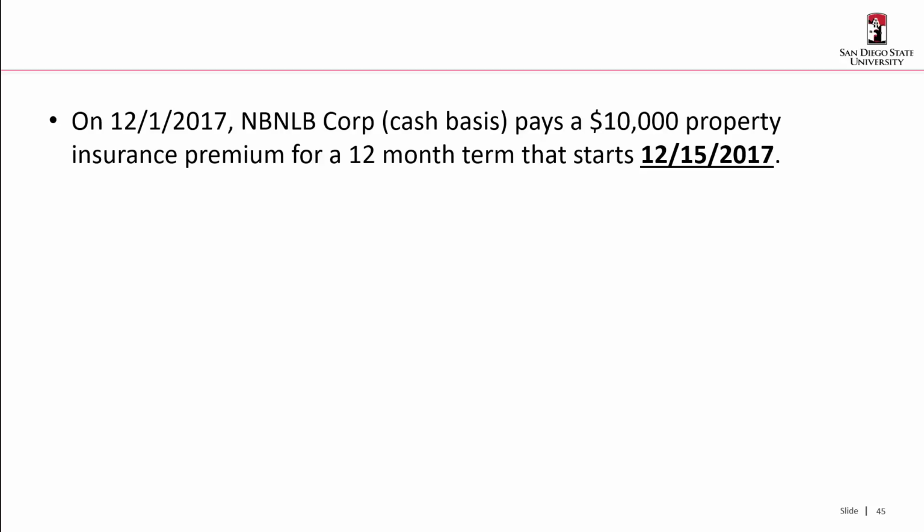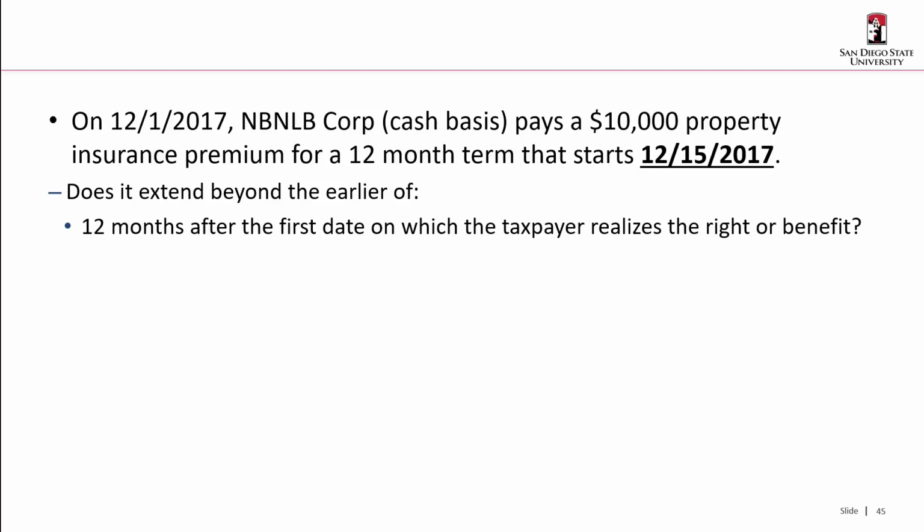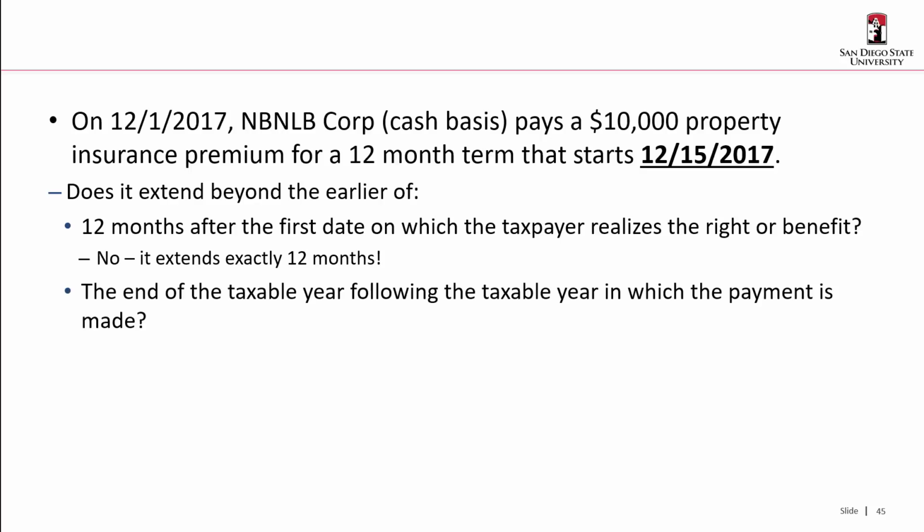All right. So December 1st, 2017, this corporation, which is cash basis, pays a $10,000 property insurance premium for a 12-month term that starts 12/15/2017. Okay, so that start date is important. So does it extend beyond the earlier of, number one, 12 months? Does the policy last more than 12 months? Well, no. As a matter of fact, this one lasts exactly 12 months. So perfect, that fits. So far, we're immediately deducting it.